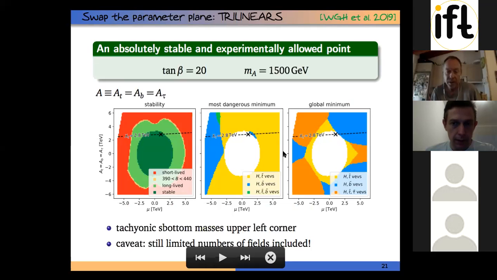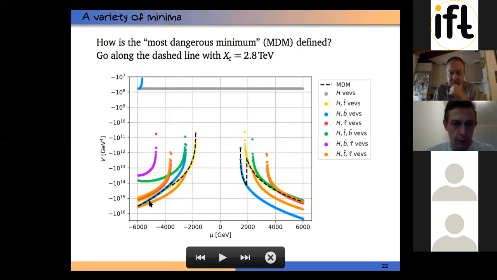But if you take a look at these large negative values of mu, you see the difference between blue, which is bottom-Higgs, and orange, which is top-stau. The difference is not so much. I'm surprised about the fact at all that it's deeper. I believe you in the numerical analysis, but I'm surprised.